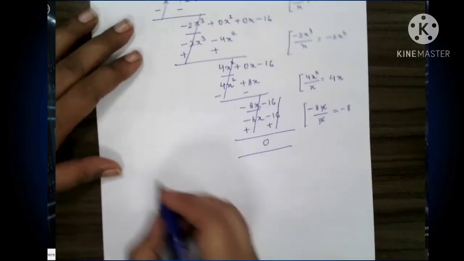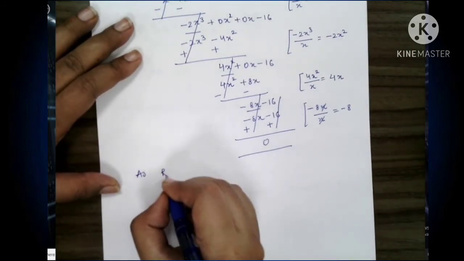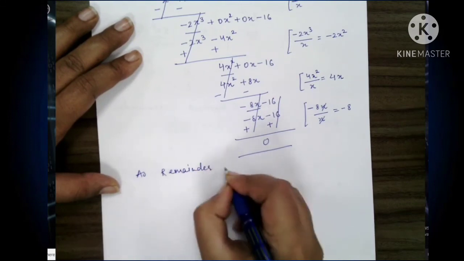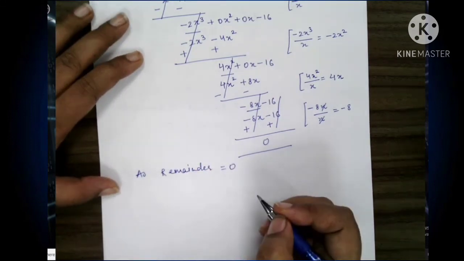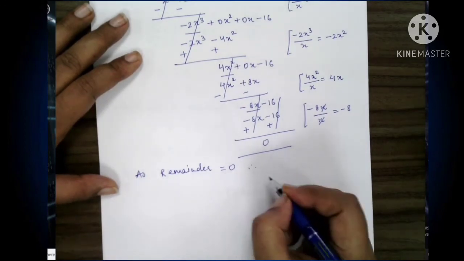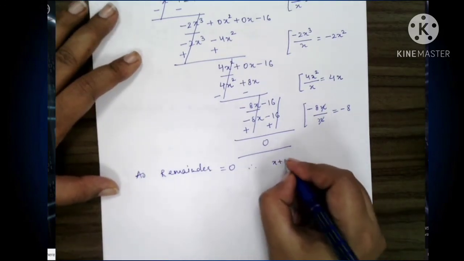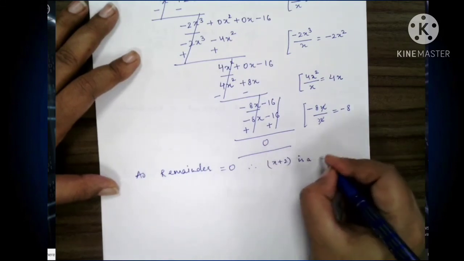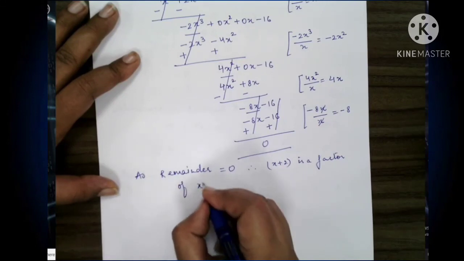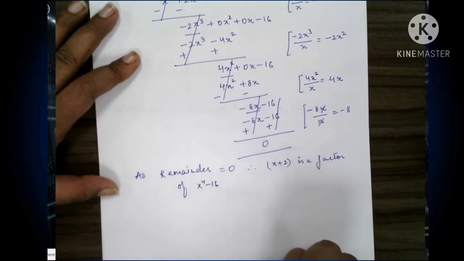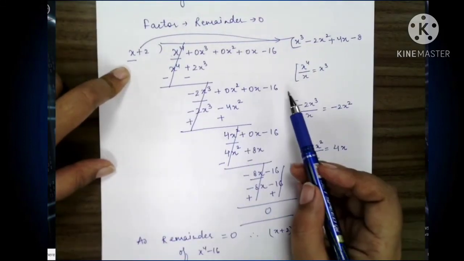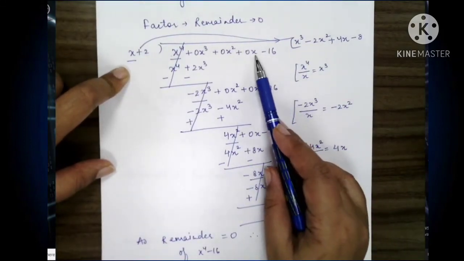Remainder is 0. Our remainder has come equal to 0. So what we can say, x plus 2 is a factor of x raised to the power 4 minus 16, meaning the divisor is a factor of the dividend.